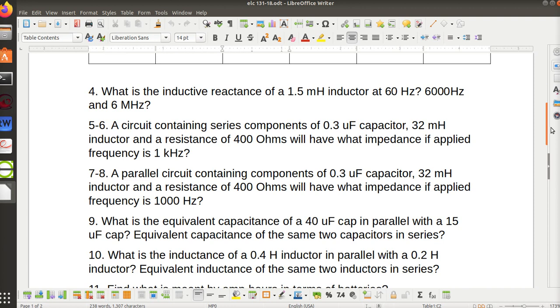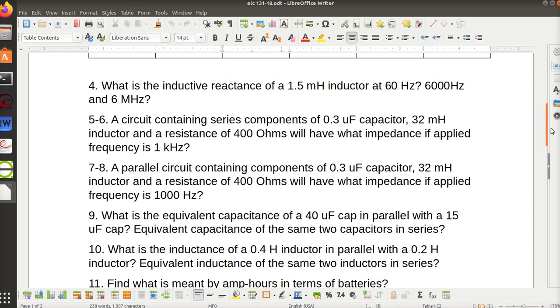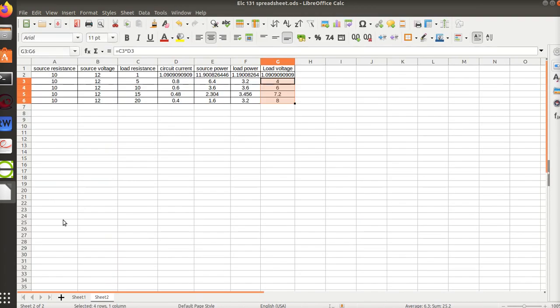Okay, I got into the other tab of the spreadsheet last night, so I didn't get to these problems. What's the inductive reactance of 1.5 millihenries at 60 and 6,000? I did actually work this one in the class, and I went back to this spreadsheet.